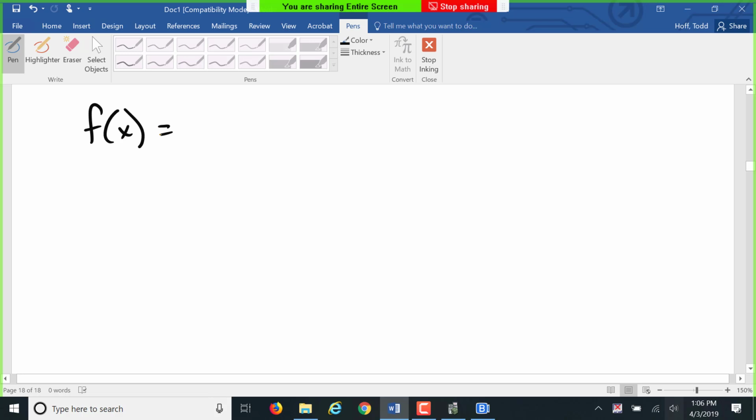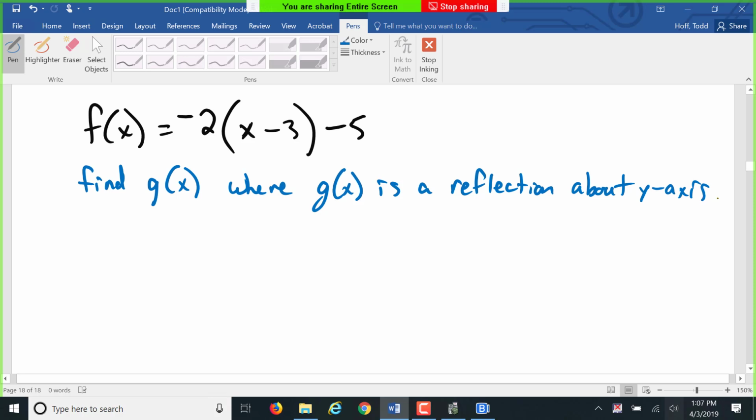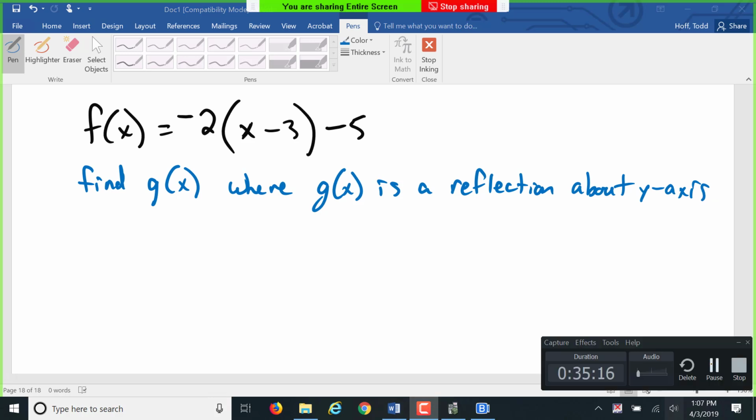So if we have f of x equals negative 2 times x minus 3, minus 5, what would be the equation? I'm going to find g of x, where g of x is a reflection about the y-axis. I'm going to give you a second to try that, and then we'll do it.